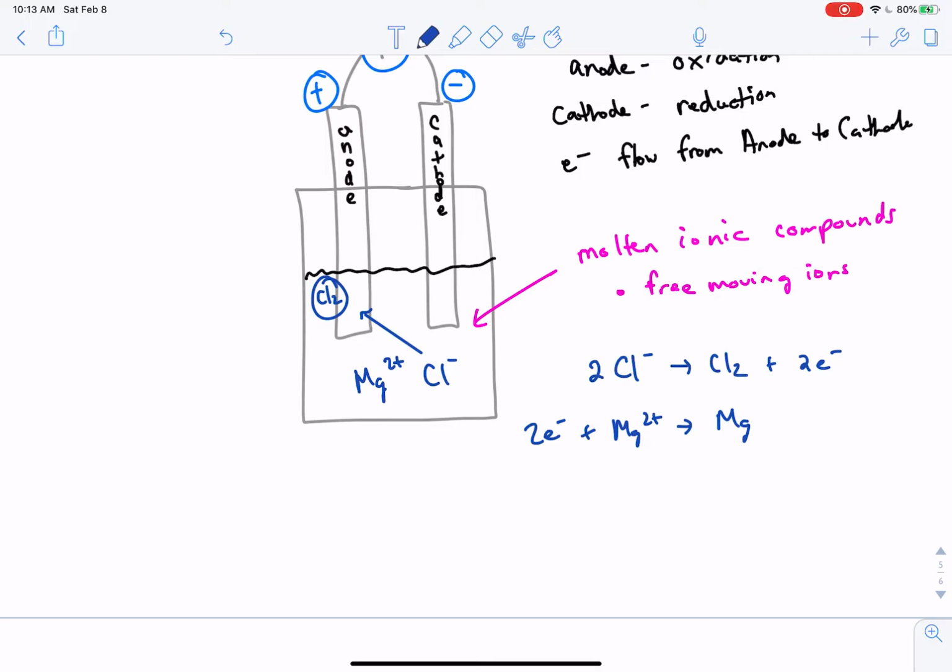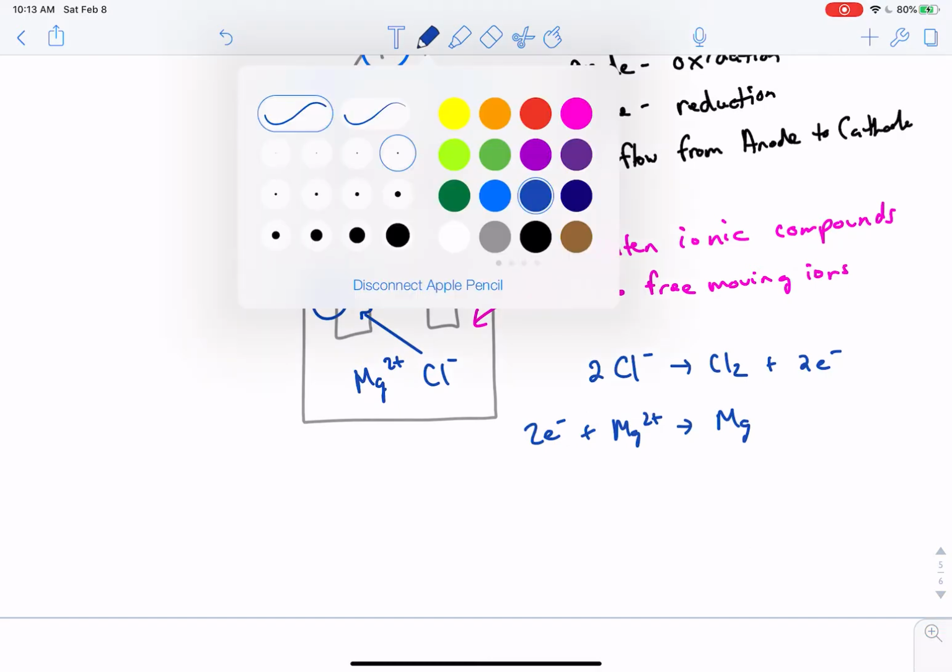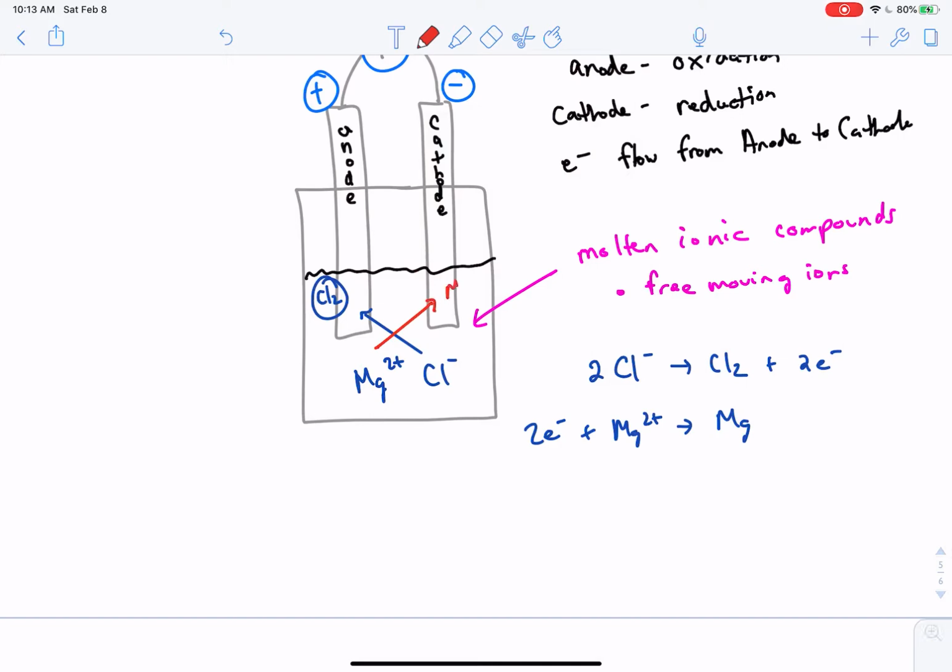Yeah, that is poisonous. You're right. That's something you should know as well. The Mg2+ will produce magnesium metal. So, if you were to observe this, you would say Cl2 gas, a yellowish-green gas, would be produced at the anode. Magnesium metal, liquid probably because it's very hot, would be produced at the cathode. And that is the basis of this electrolytic cell.